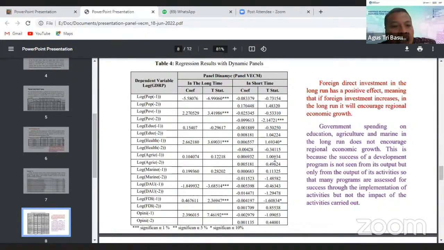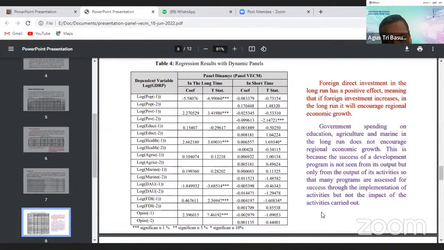Now, Indonesia has 270 million people, so many people need employment. In the long term and the short term, we need foreign direct investment.